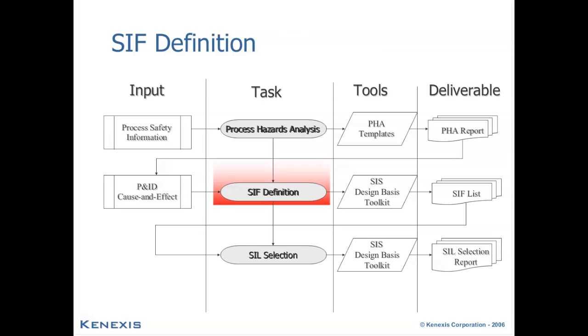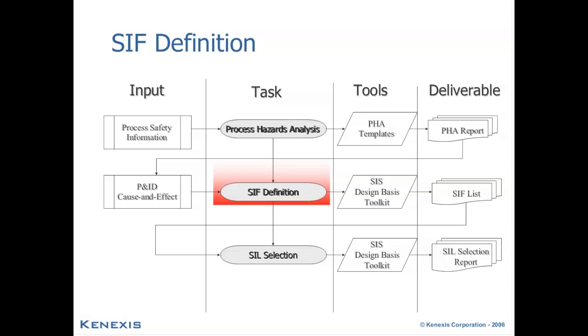Coming out of the PHA, or Process Hazards Analysis task, we move into a SIF definition, where we're defining safety instrumented functions that will eventually be implemented in a safety instrumented system, and we create a list of those safety instrumented functions. Of course, we have tools that we can use to accomplish this.